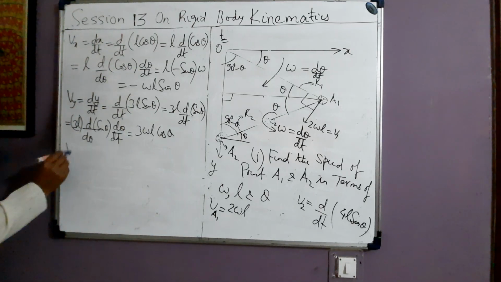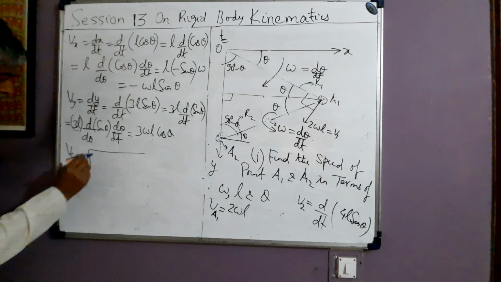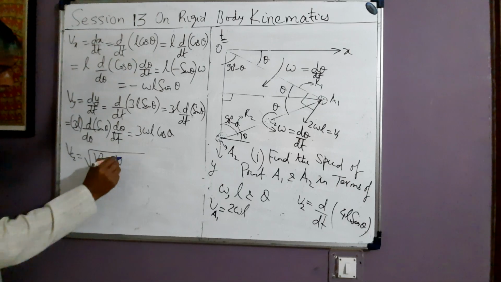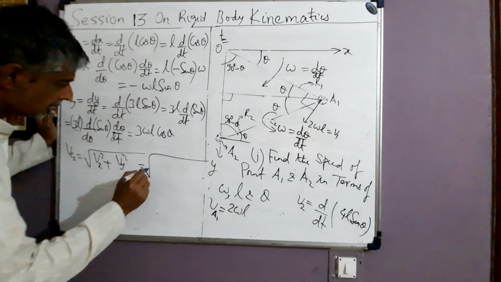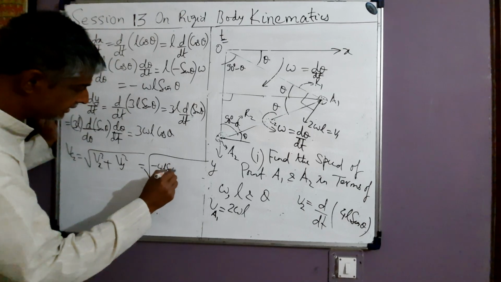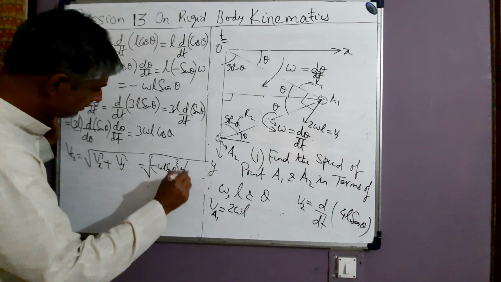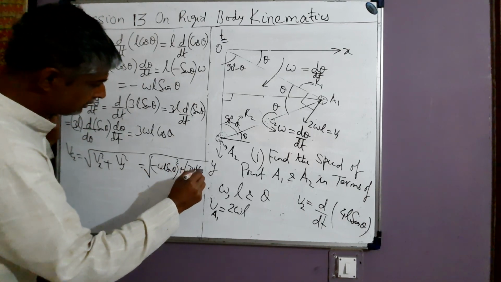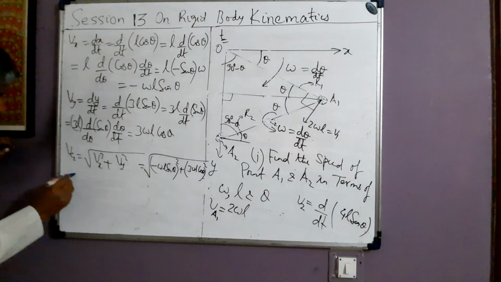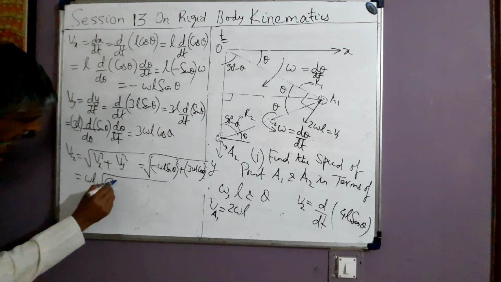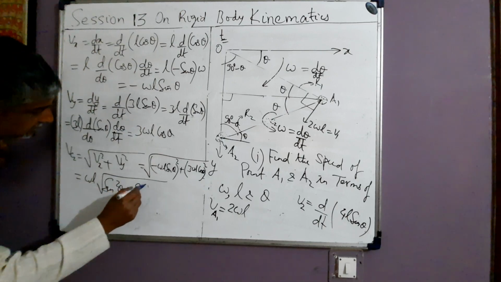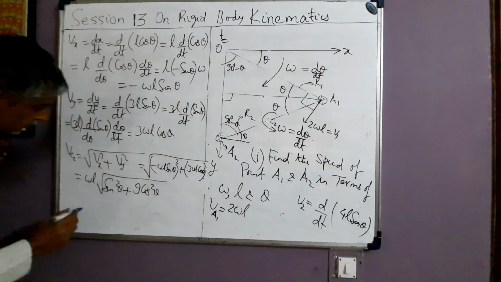So now Vc2 is equal to root under Vx square plus Vy square, that is root under minus omega L sin theta whole square plus 3 omega L cos theta whole square. So omega L comes outside. So this becomes sin square theta plus 9 cos square theta.